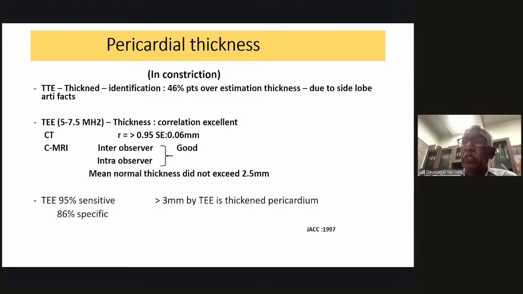Basically, in some of the patients who underwent cardiac surgery prior, maybe CABG, maybe valve replacement, it has been found that a fair number of patients who have undergone cardiac surgery without any evidence of constriction by functional evaluation also have thickened pericardium. So thickened pericardium is not synonymous with constriction, and absence of thickening does not rule out constrictive pericarditis. This rule you need to remember during your practice.